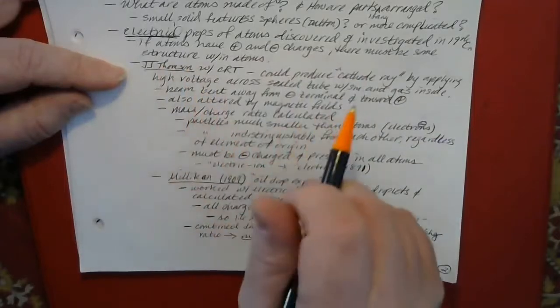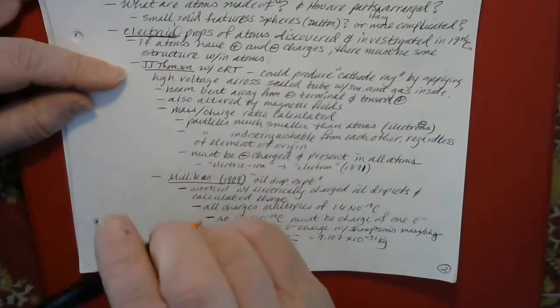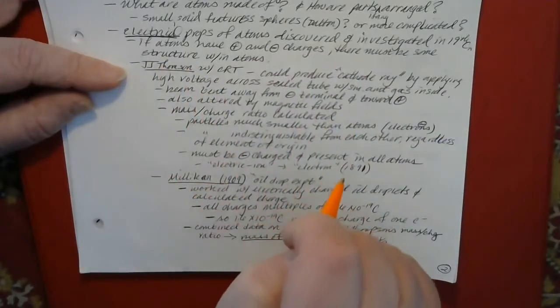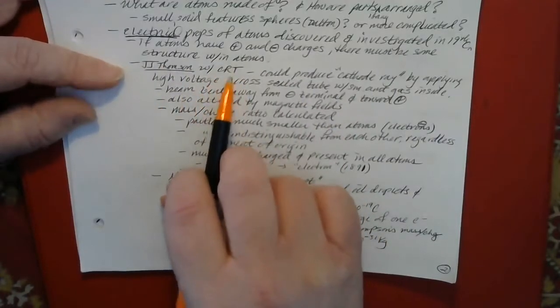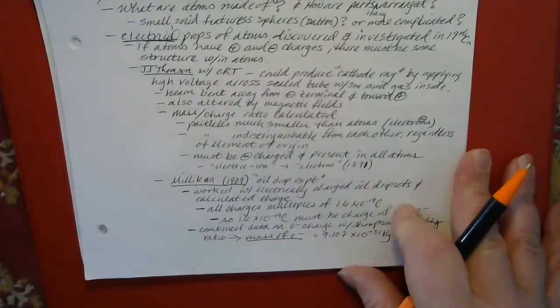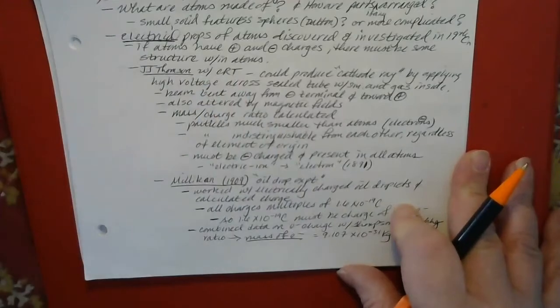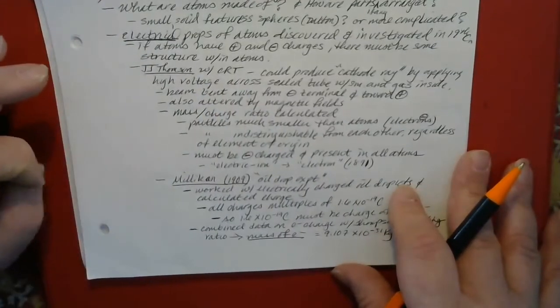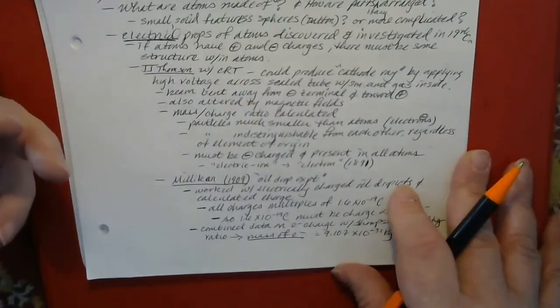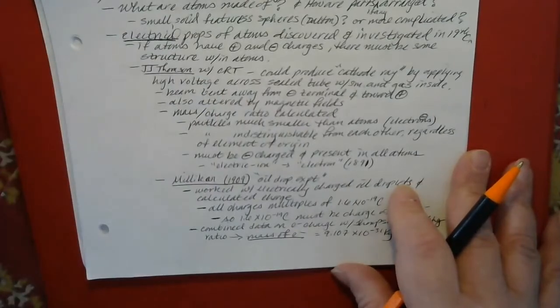Thomson, in the 1890s, 1891, developed what became known as the cathode ray tube. The cathode ray tube is essentially the same idea as the picture tubes on older TVs or computer monitors, the really big, heavy ones, where you basically create an electron beam which can shoot through space inside a glass tube that has been evacuated.